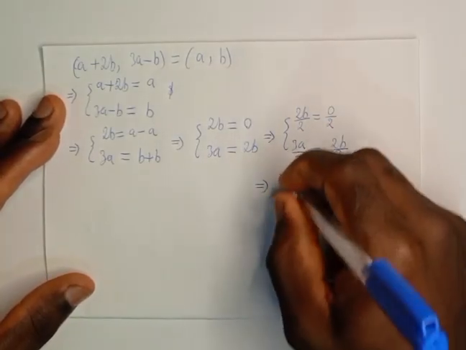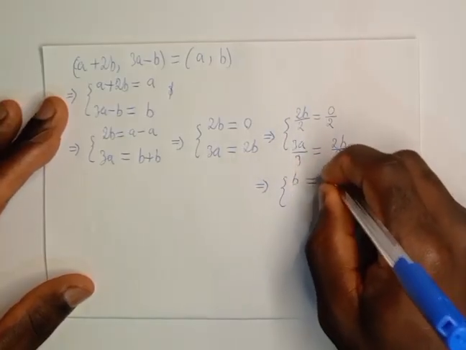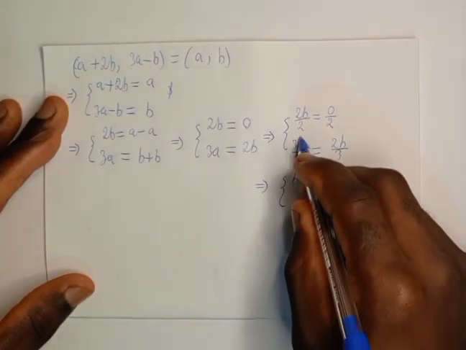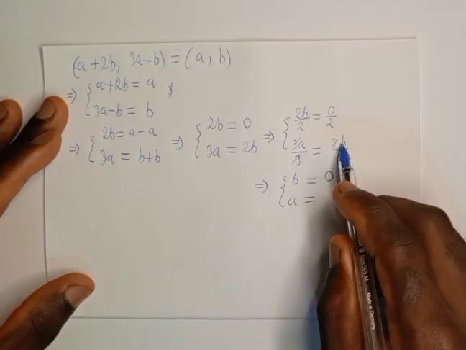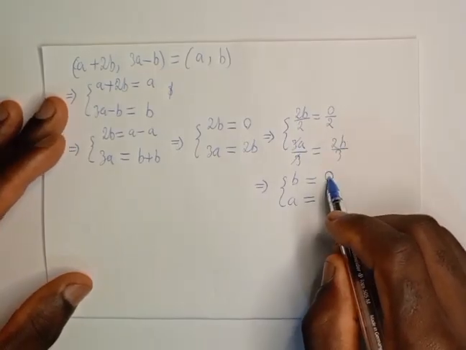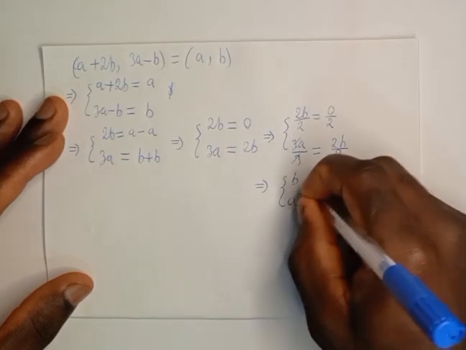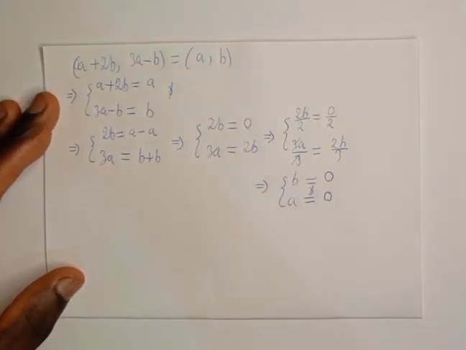Then b will be equal to 0, since 0 divided by 2 gives 0. The 3 strikes off 3, so a will be equal to 2 times b. 2 times 0 gives 0, divided by 3 is 0. So a is equal to 0 and b is equal to 0.